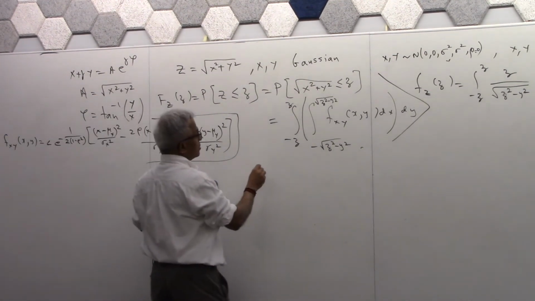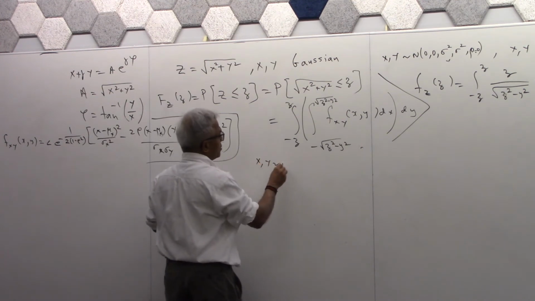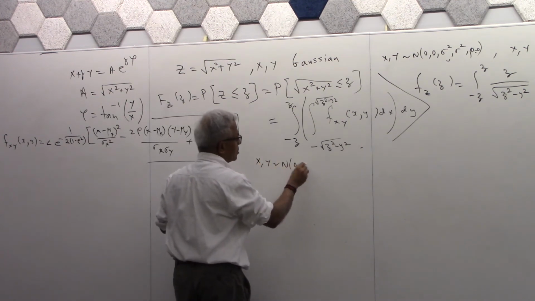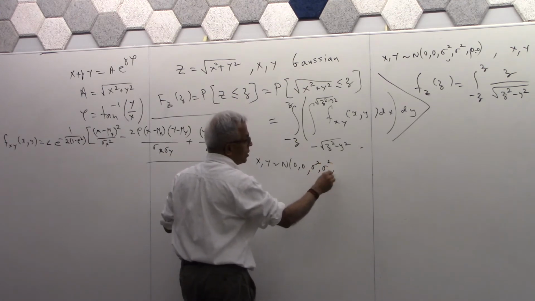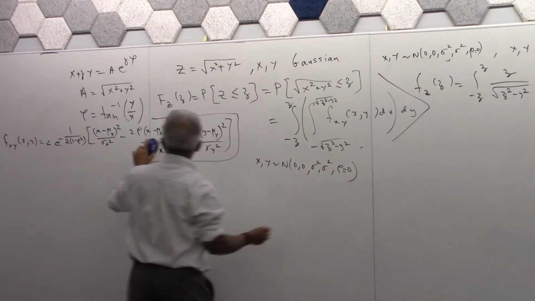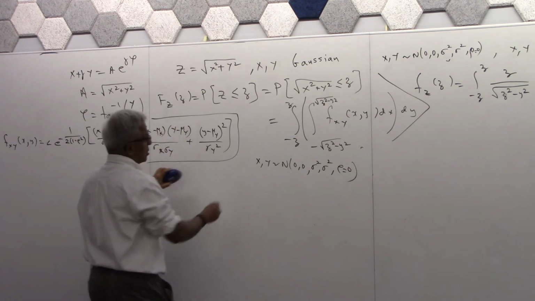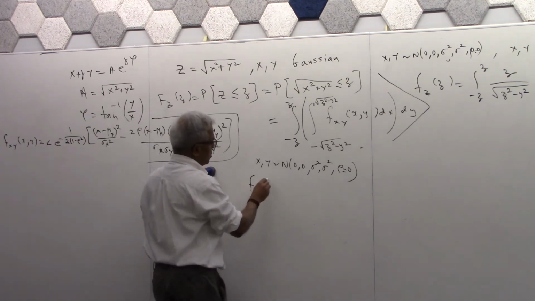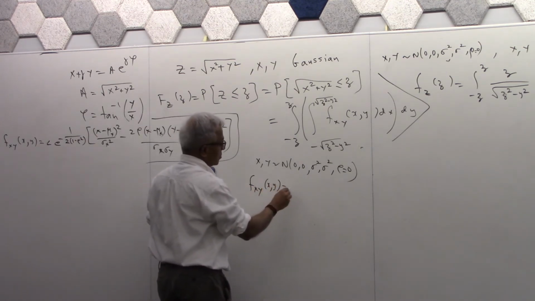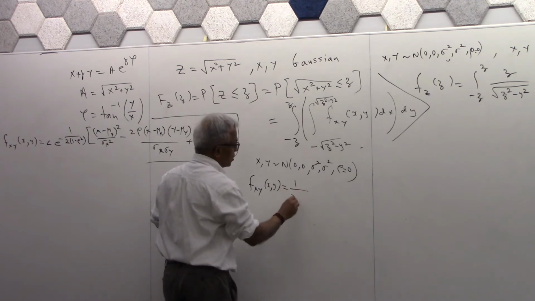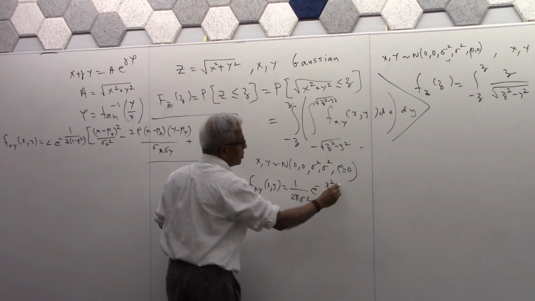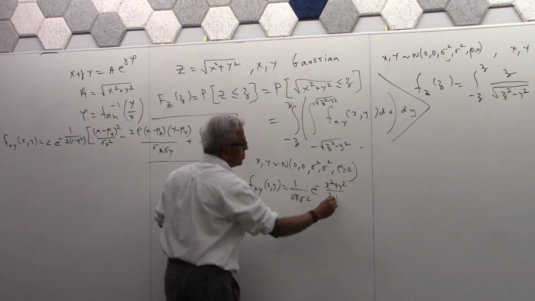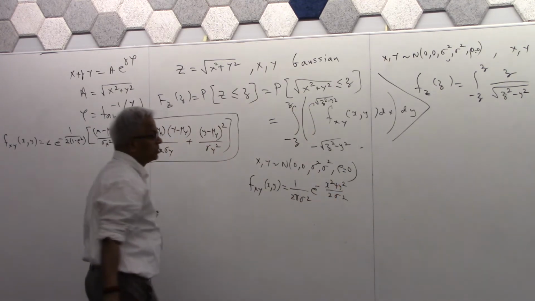If rho is 0, the middle term is gone. So the joint density function now reads, the constant I think we did earlier, e raised to minus x squared plus y squared over 2 sigma squared. This is what I'm going to substitute there.